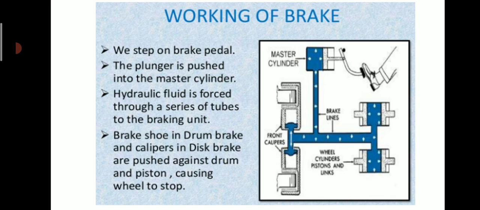When we step on the brake pedal, the plunger is pushed into the master cylinder. Hydraulic fluid is forced through a series of tubes to the braking unit. Brake shoe in a drum brake and calipers in a disc brake are pushed against the drum and piston, causing the wheel to stop.